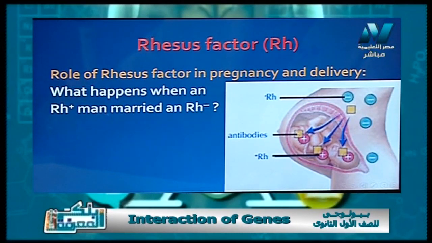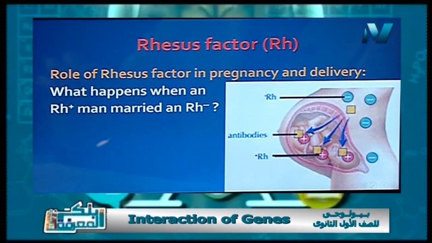But they meet at the placenta. In the placenta, the blood vessels from each side are very close to each other, and materials coming from the mother, like food, oxygen, and vitamins, diffuse to the fetus, and the waste materials go from the fetus to the mother.